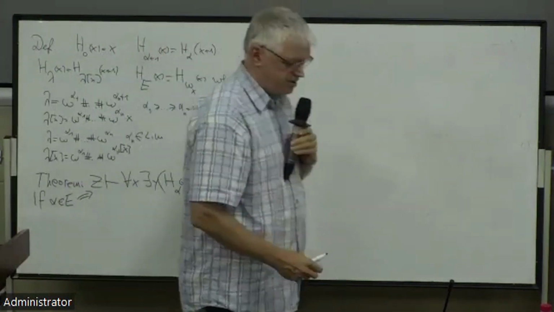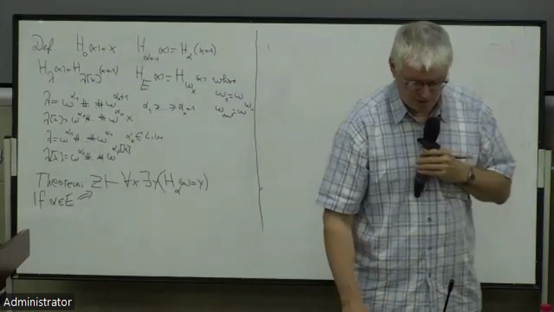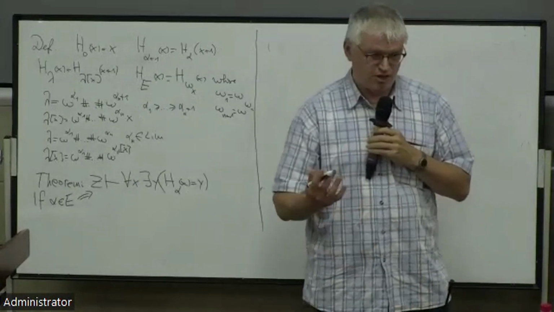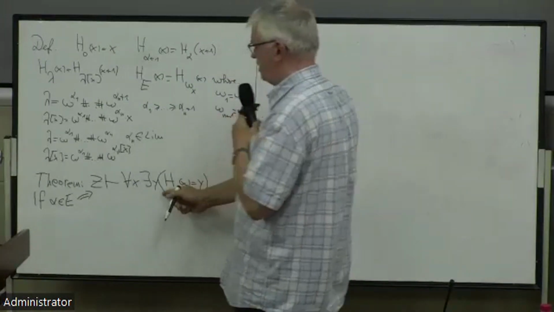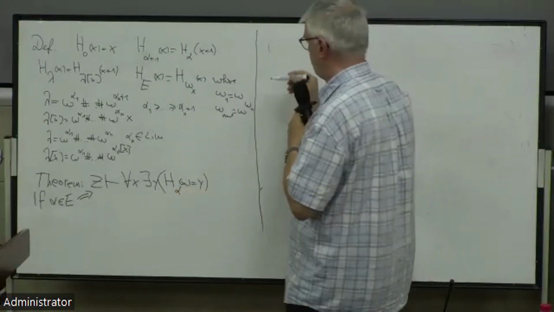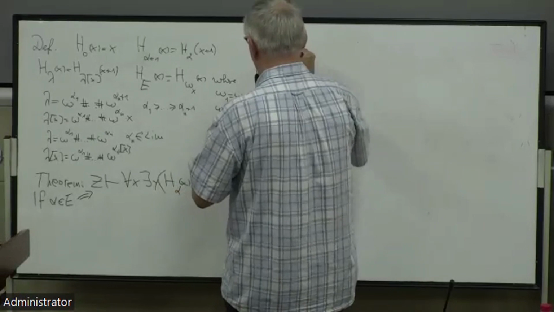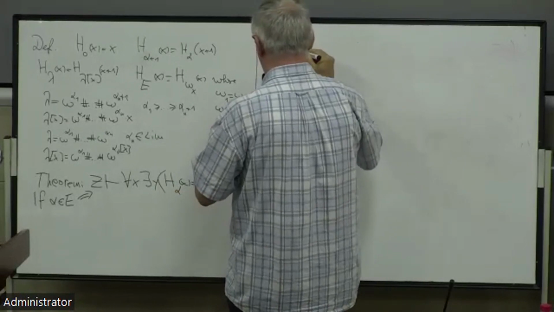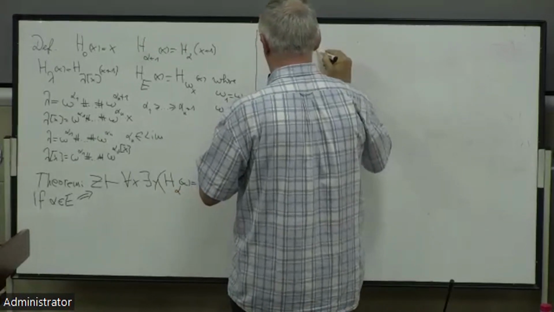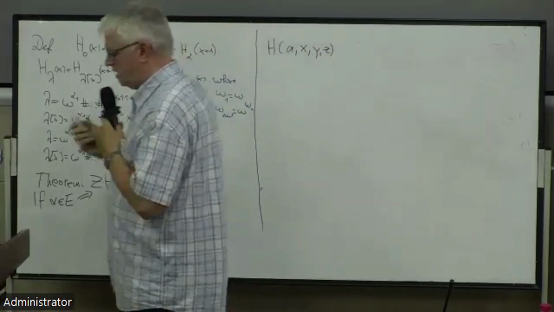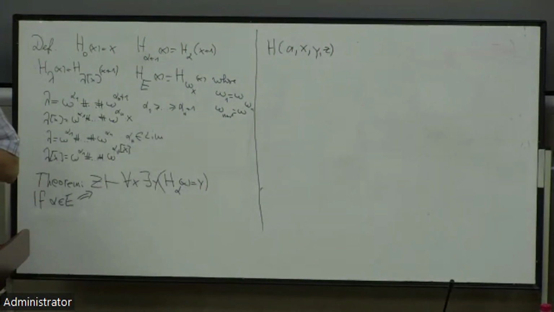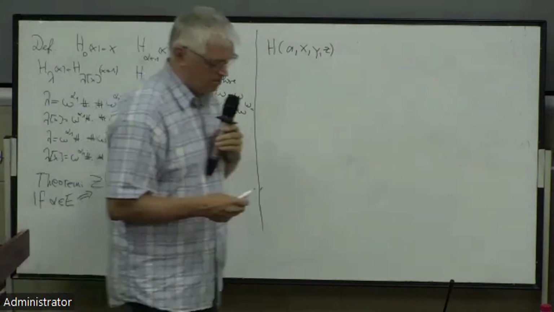Now this is sort of routine, but still it's not so clear how to formalize this. So we have to write down what this formula means. Write down a formula H(a, x, y, z), where z codifies the computation tree for calculating H_alpha at argument x giving value y.